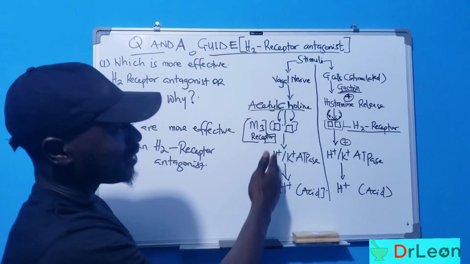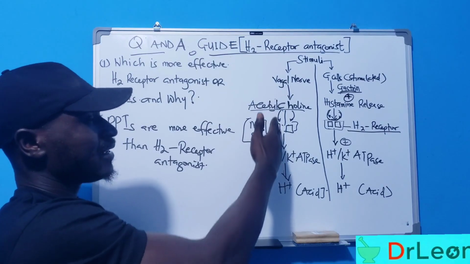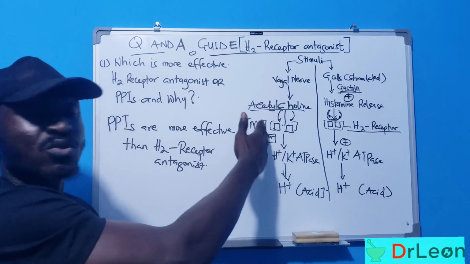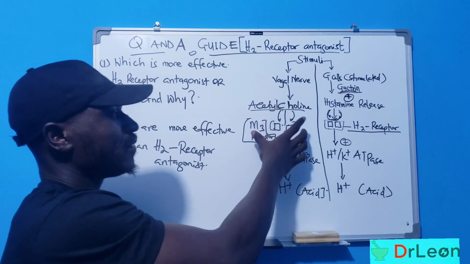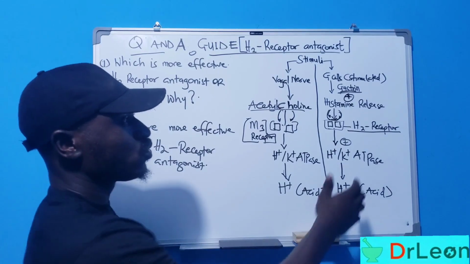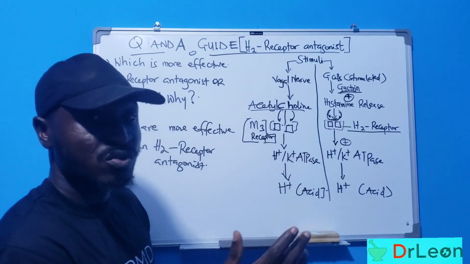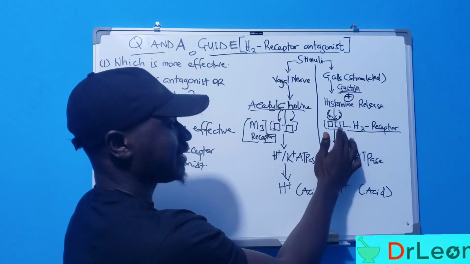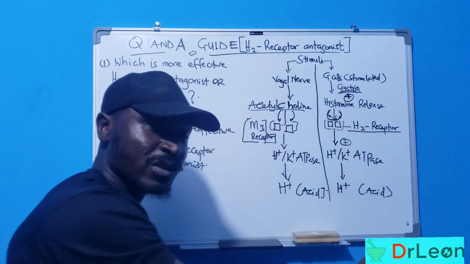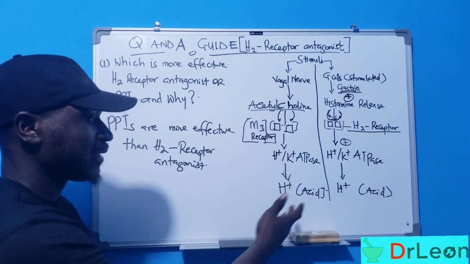So in this pathway, you can see that there is no histamine involved. There is no histamine receptor involved in this pathway. So even if you give an H2 receptor antagonist to block histamine, this pathway will still go on to produce what? Acid.